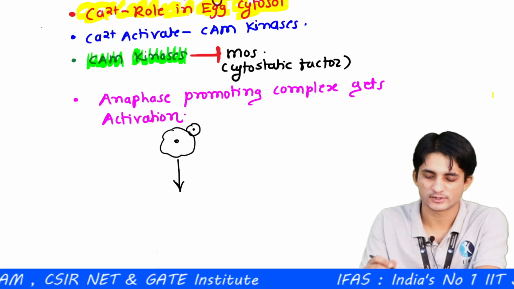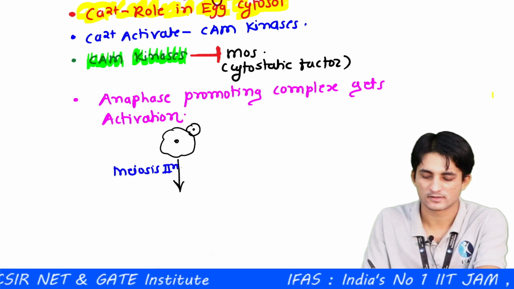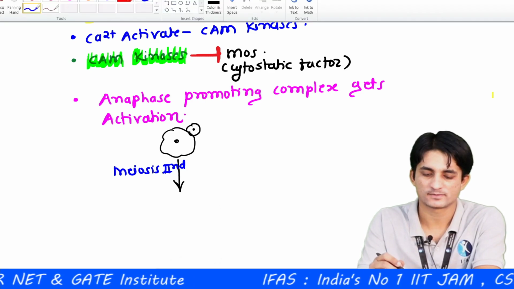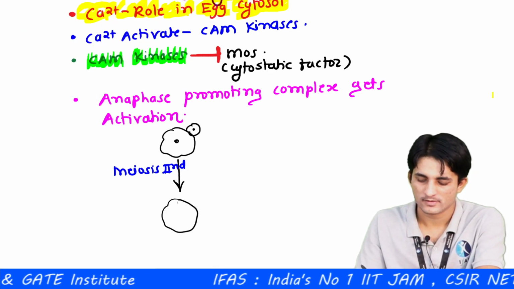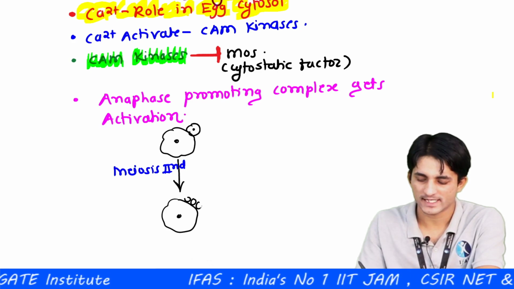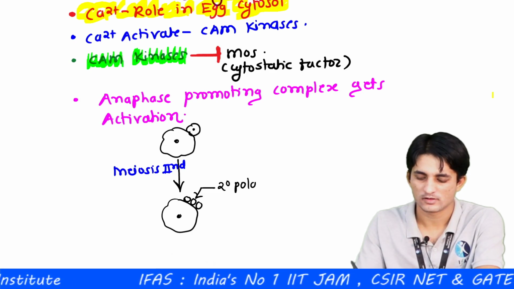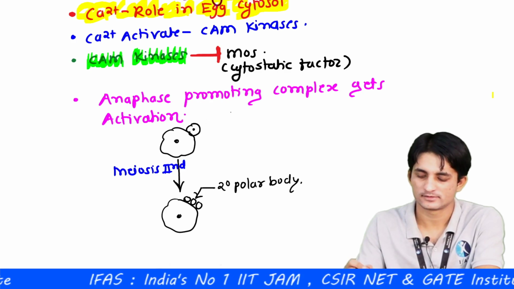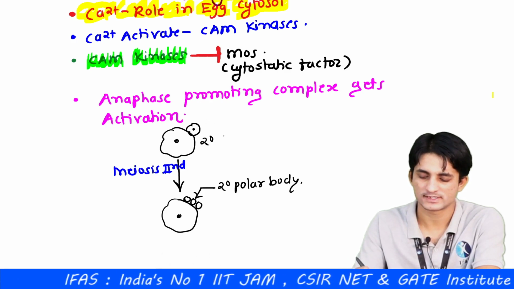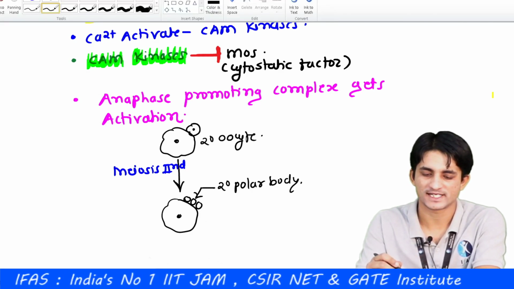So there is completion of meiosis second and there is formation of the secondary polar body. So this is the secondary oocyte and this is the formation of the secondary polar body.